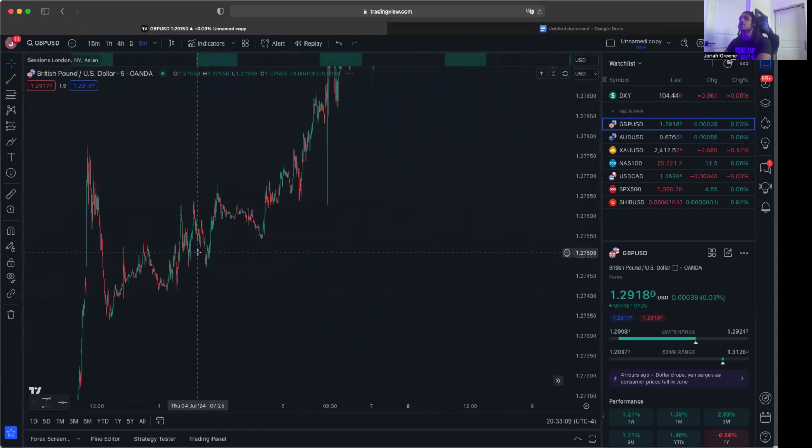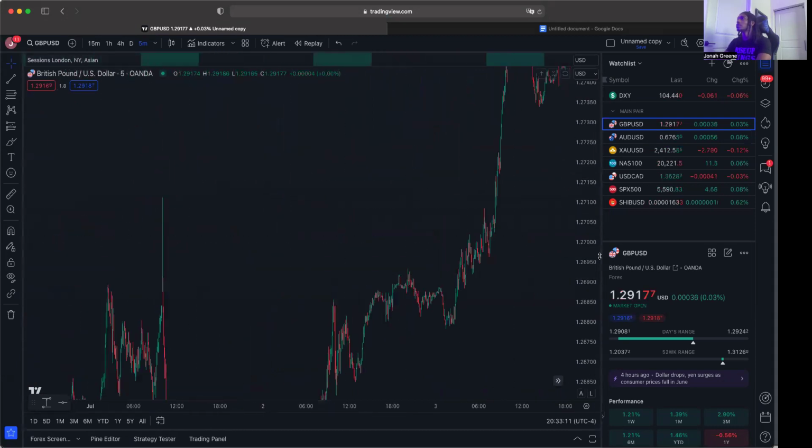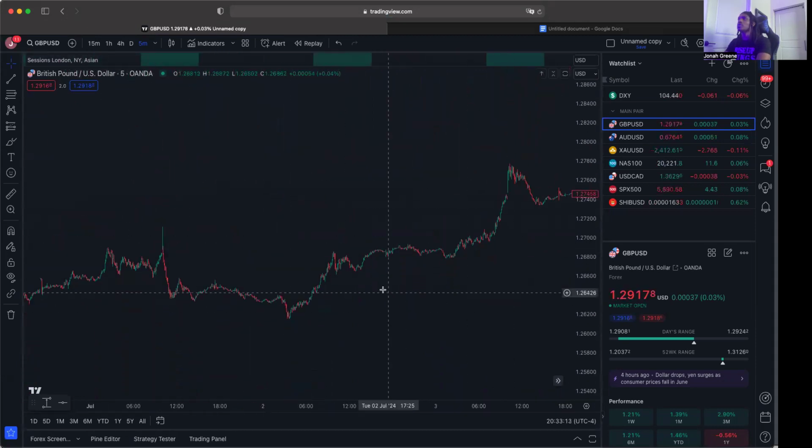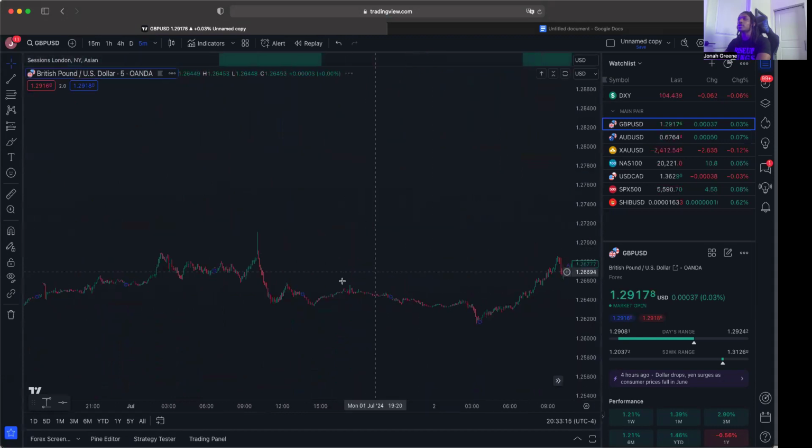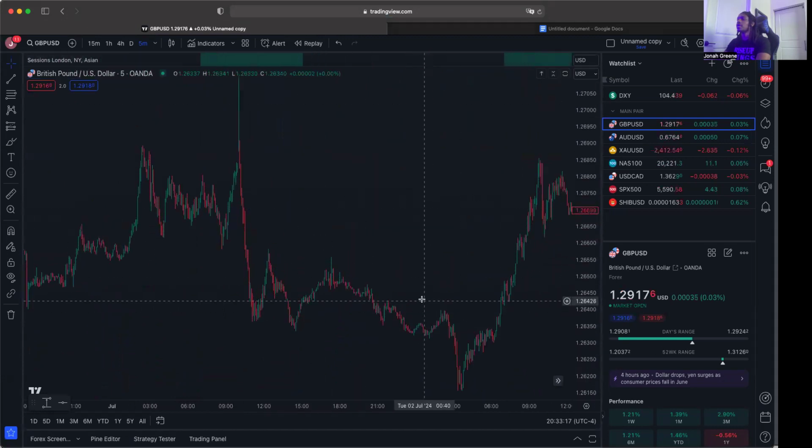All right, let's look for another one. I don't know what's going on with TradingView, acting very strange. But we're going to look at another example.